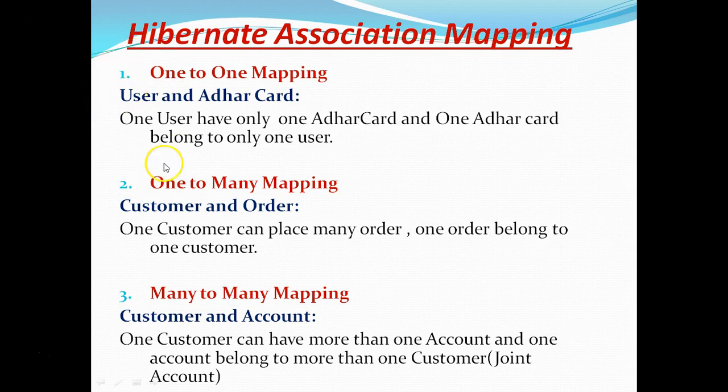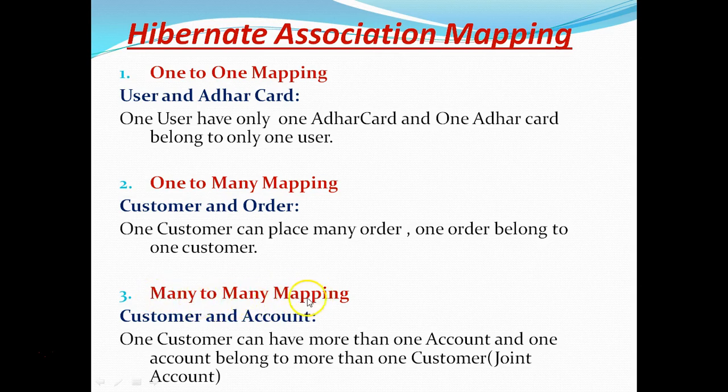Now we need to explain the second one, one-to-many mapping. One-to-many mapping means customer and order. I'm taking as an example that one customer is going to place many orders, but each order has to be associated with one customer. Then the third one is many-to-many mapping.